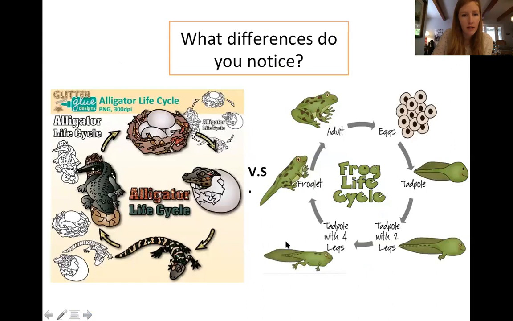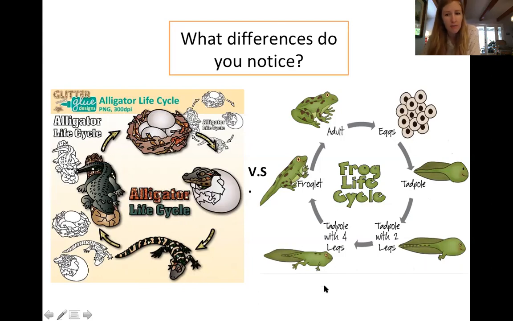Oh, so here we can see the frog life cycle again. And they added more stages in there. So let's take a look. All right, let's start with the egg mass. Then we move on to the tadpole. From the tadpole, we get a tadpole with 2 legs. Their back ones come out first.